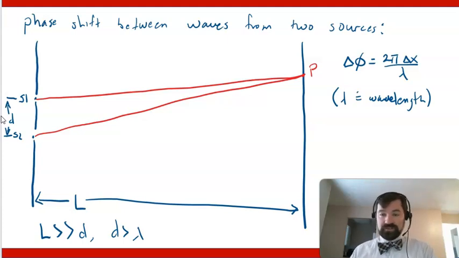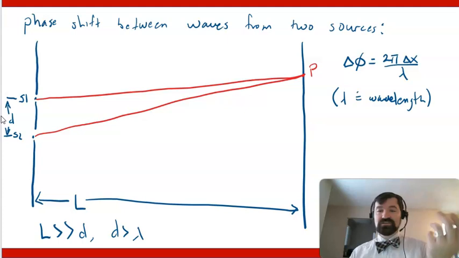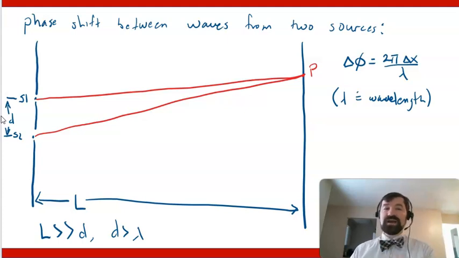Well, if you were to go to one of the biggest science demonstration suppliers, Pasco, and buy from them a slit mask, then common slit separations might be like 0.125 millimeters or 0.25 millimeters, something like that.